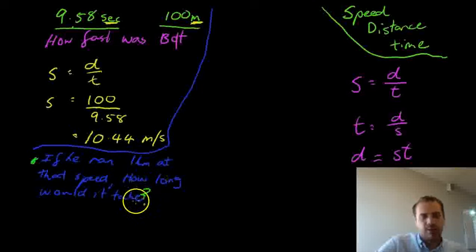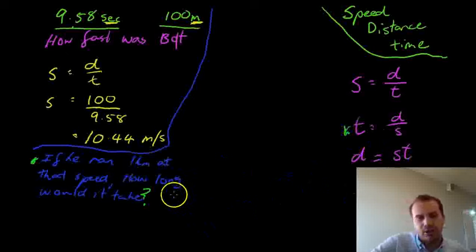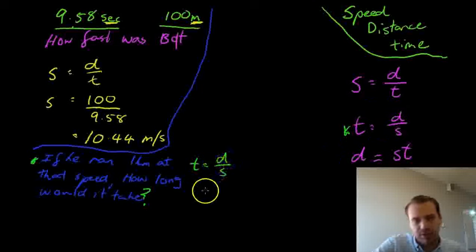So this time we're not looking for a speed. We know his speed is 10.44 metres per second. And we're not looking for a distance. We know his distance. He's going to run 1 kilometre. What we're looking for is the time here. So we can use this formula, time equals distance over speed.